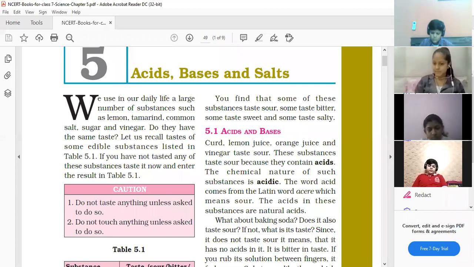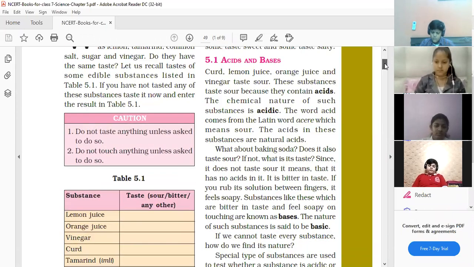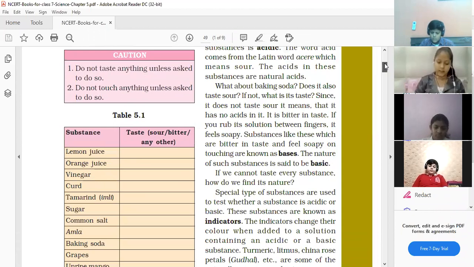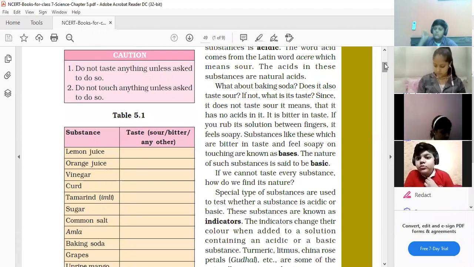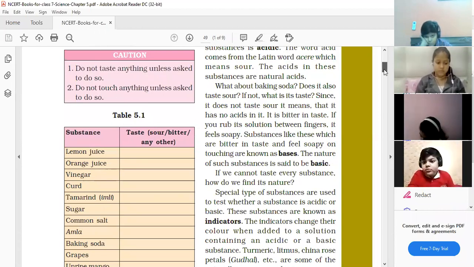After that, we did the definition of indicator. Indicators are special types of substances which are used to test whether a substance is acidic or basic.